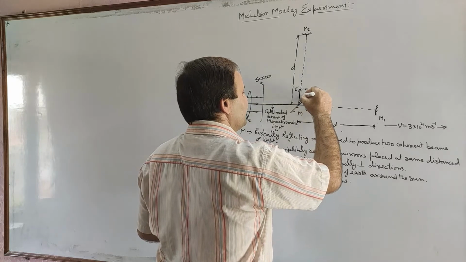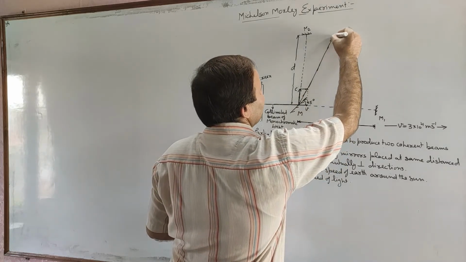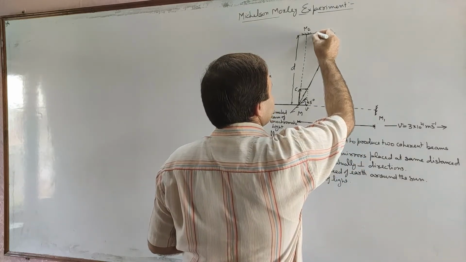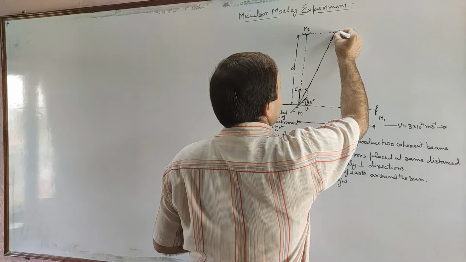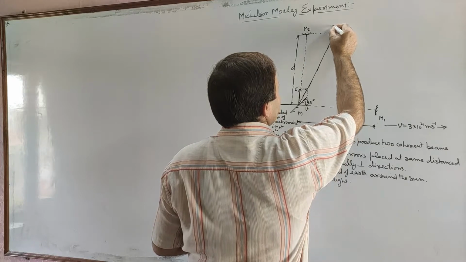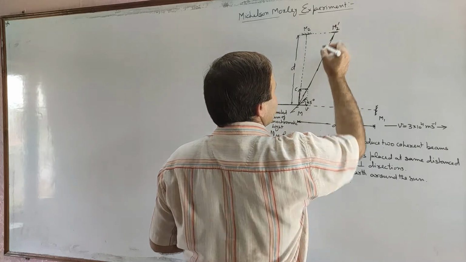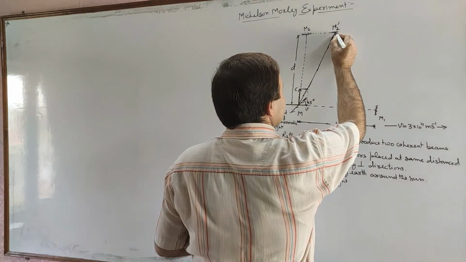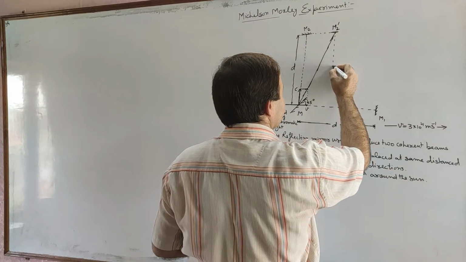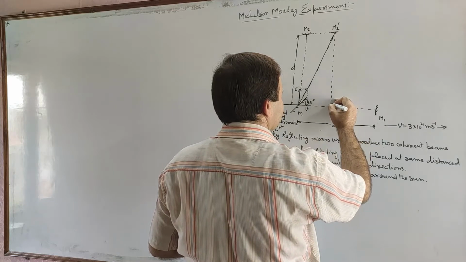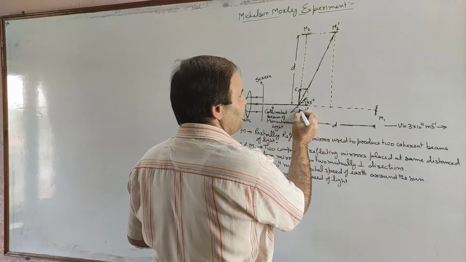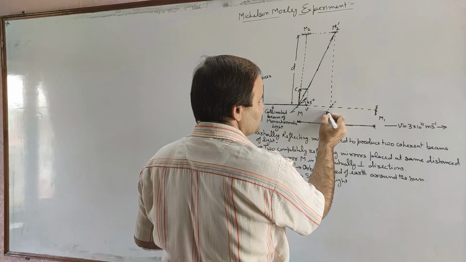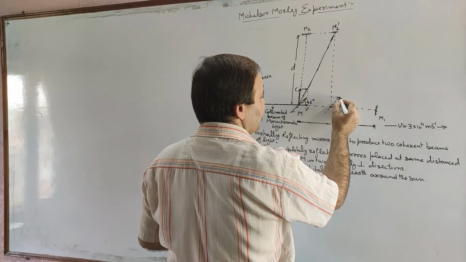So the light will go along this path to reach mirror M2 at position M2 dash. At this instant, this mirror M will also come to its new position M dash.